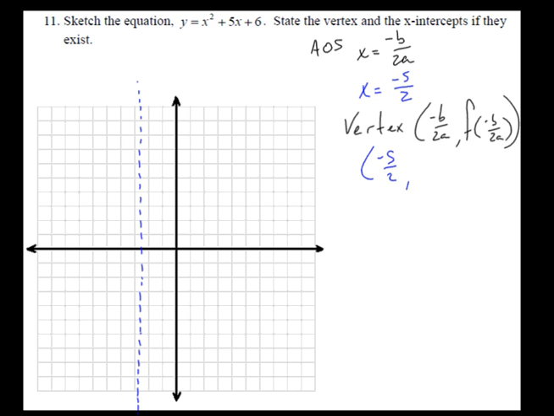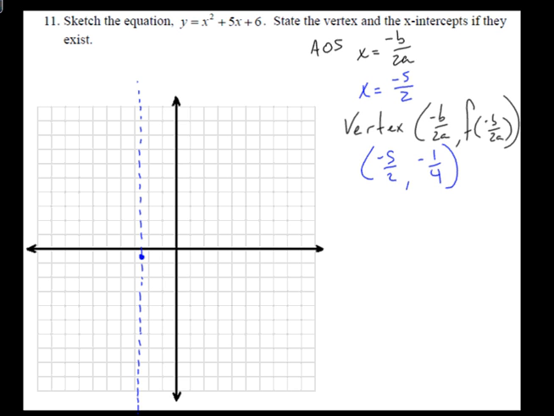So I plug that back into my equation. And after simplifying, I find that it is negative 1/4. So I go down to negative 1/4. My vertex is here.